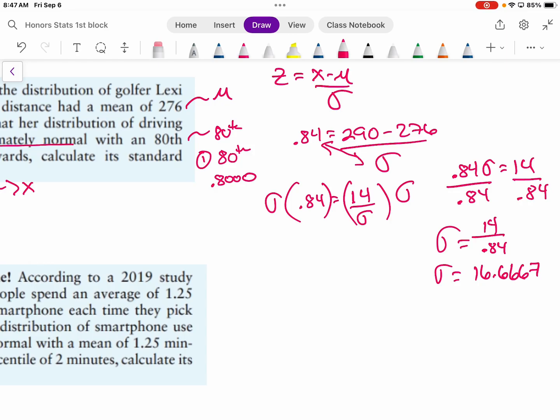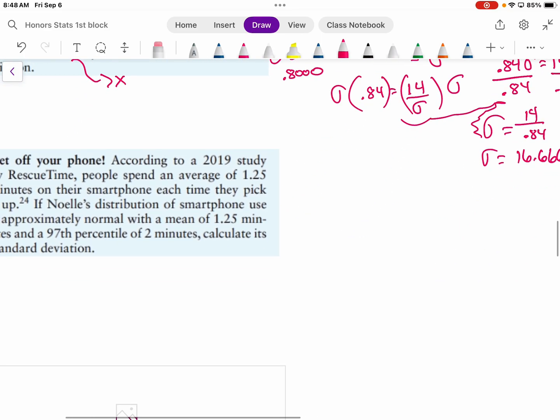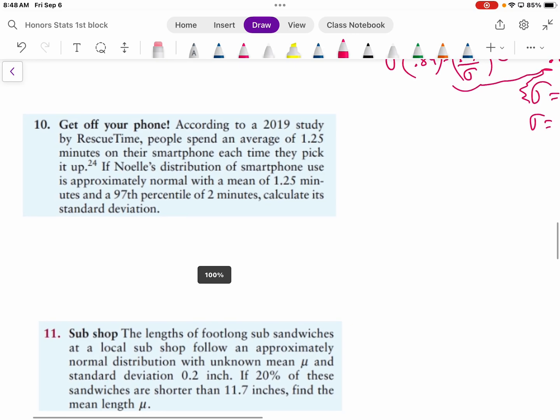We went through it the long way and showed multiply both sides by standard deviation, then divide by the 0.84. We should realize that in the future, if I'm solving for standard deviation, let me just put that where the 0.84 is and bring the 0.84 down below. And then I can do it a lot faster. I can skip a couple steps. All right.